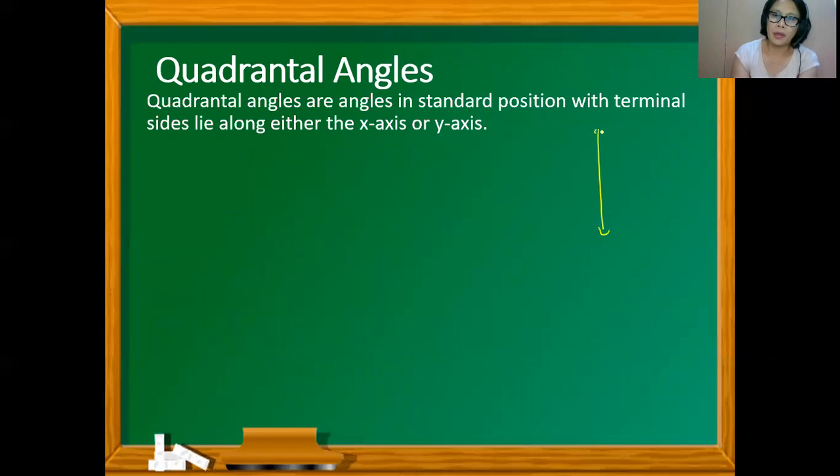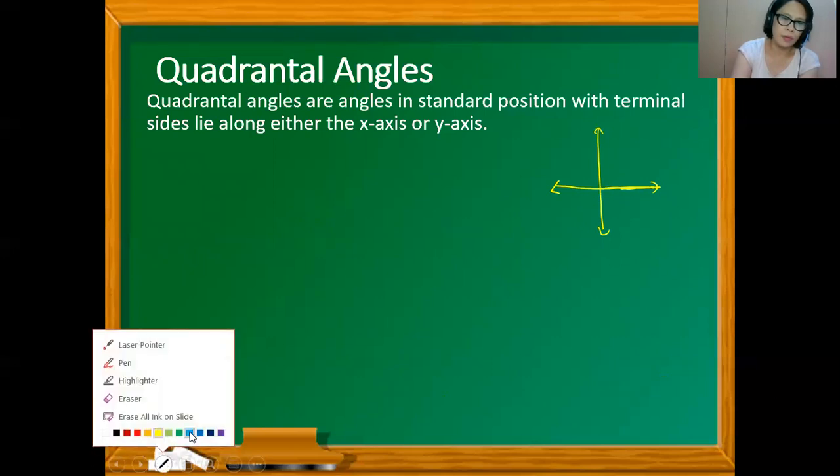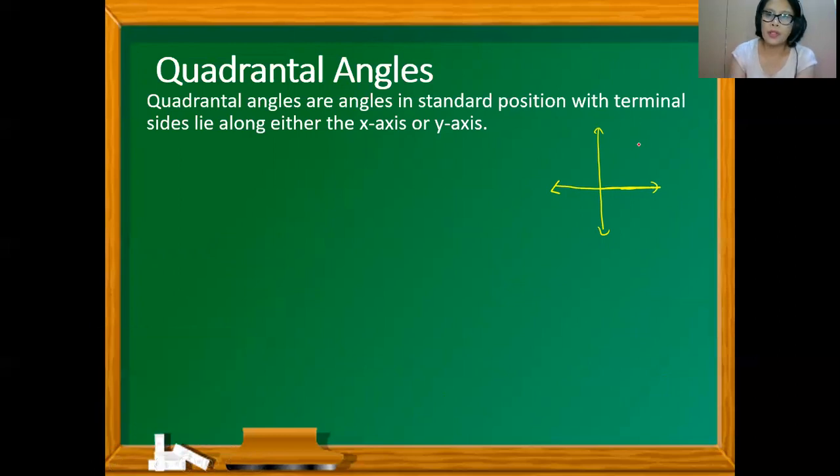Meaning, if this is the initial side, so this is one quadrantal angle because the terminal side lies along the y-axis.